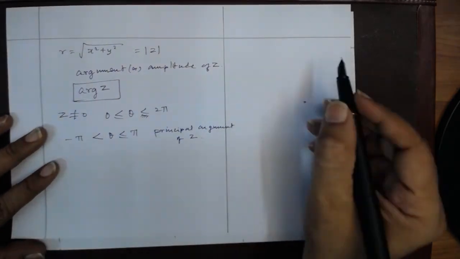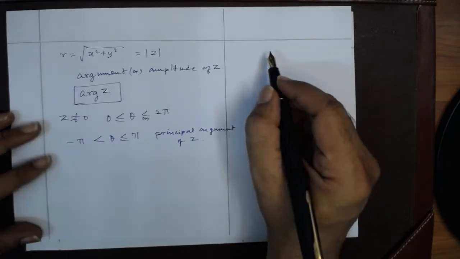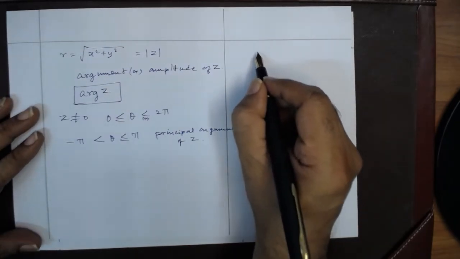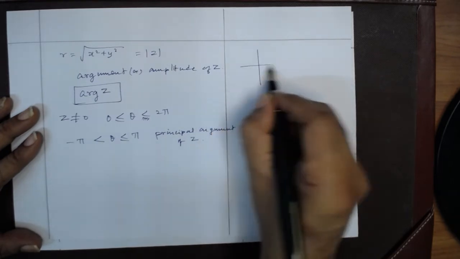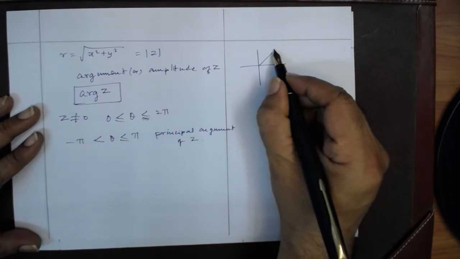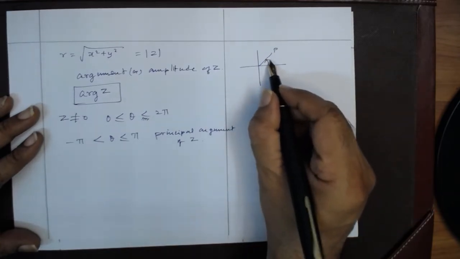Now we can represent this by various graphical models. For example, let us consider this x-axis and y-axis. Consider OP, and P is the point, so it subtends an angle theta.